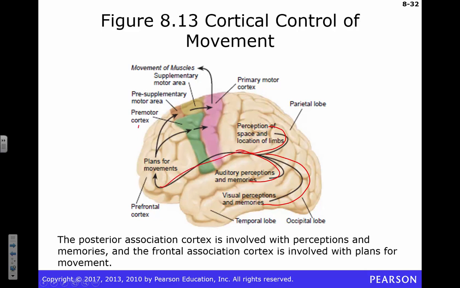All of that info goes into your frontal cortex, up here in the front, where you have a huge amount of space. Planning those movements, thinking about what we're going to do, going out to these different supplementary and premotor areas before we finally get to the primary motor cortex. We get that completed sequence of actions that we want to send out. We're going to send those signals to your body so you can perform that action.